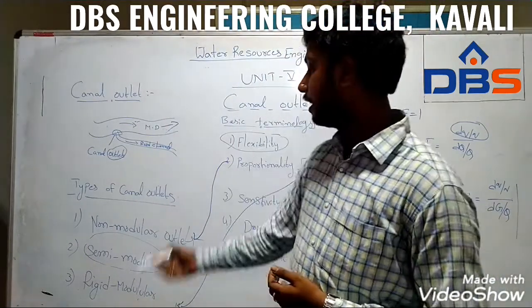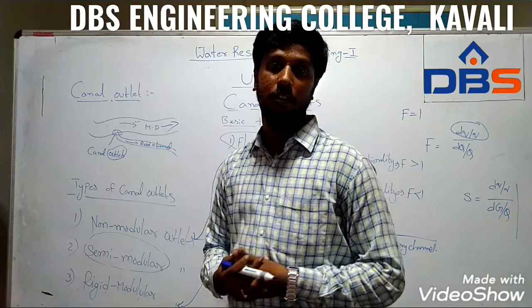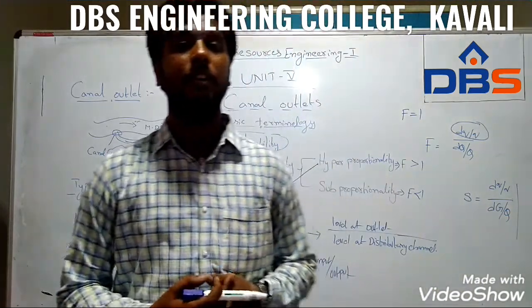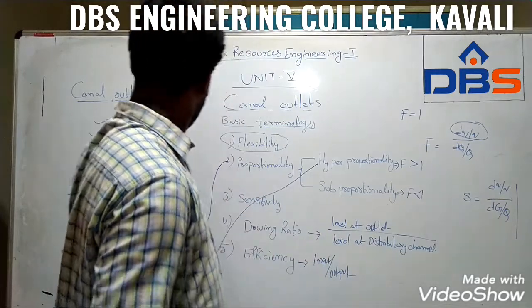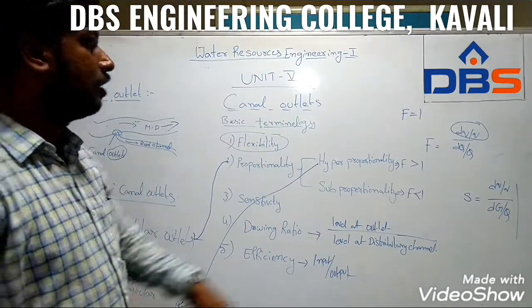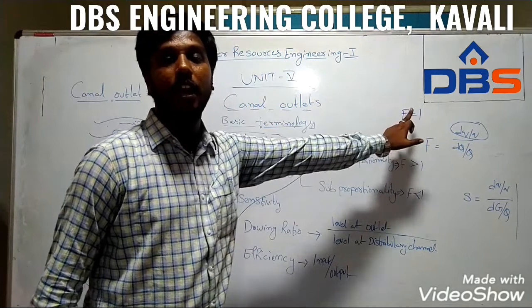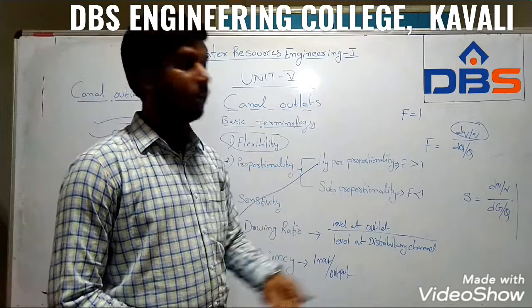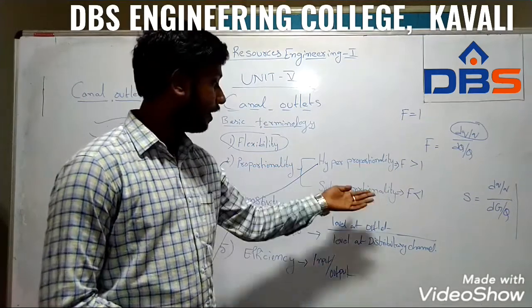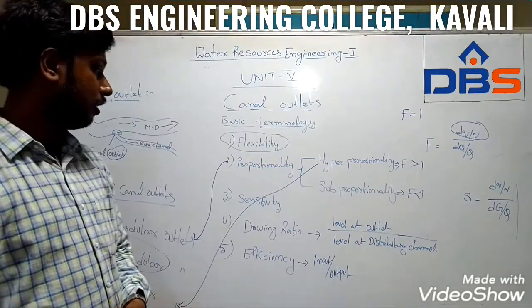Less than 1, it comes under a non-modular one. Once flexibility is equal to 1, it is called a semi-modular canal outlet. So based on flexibility, canal outlets come under three categories: proportional, hyper-proportional, and finally sub-proportional canal outlets.